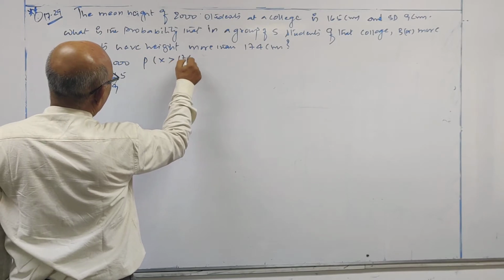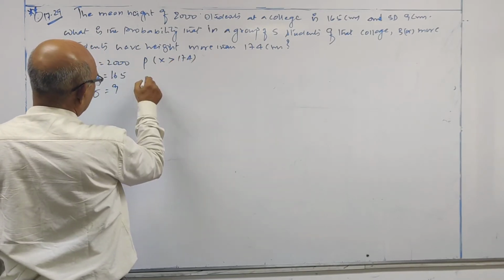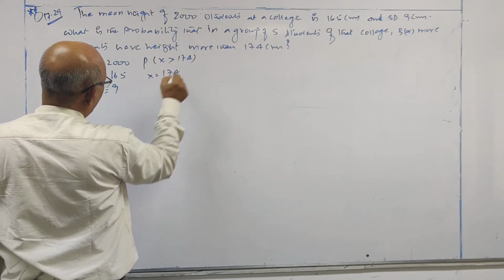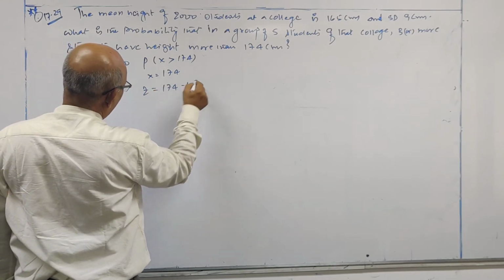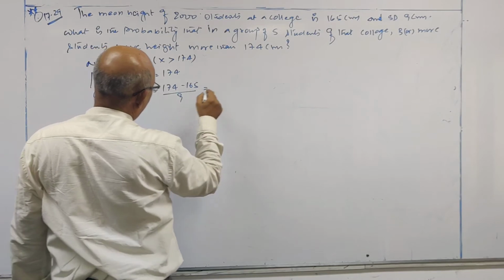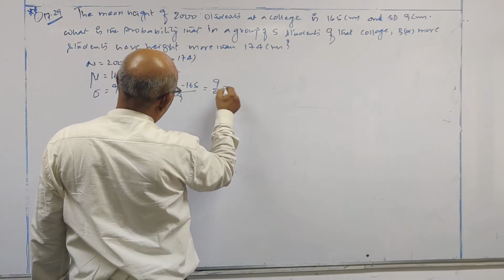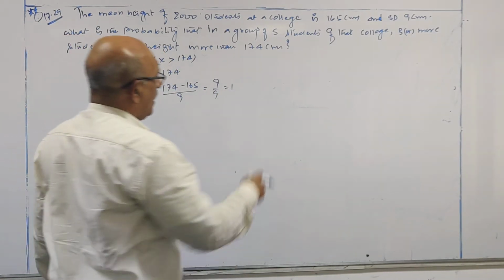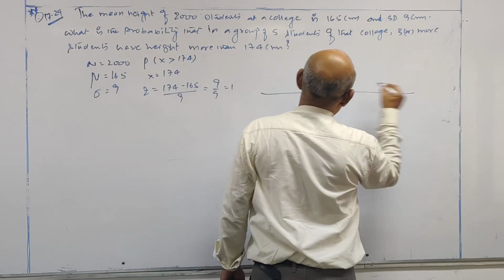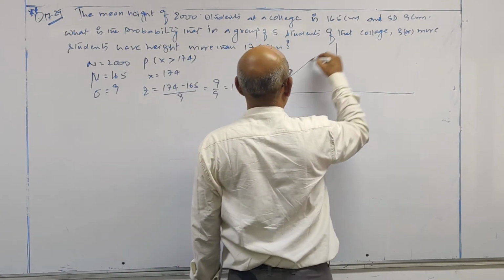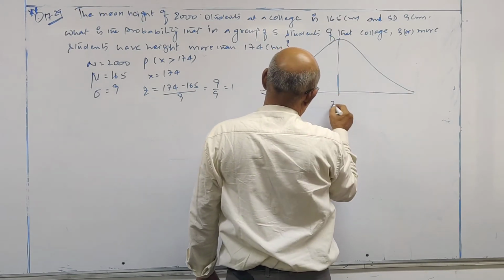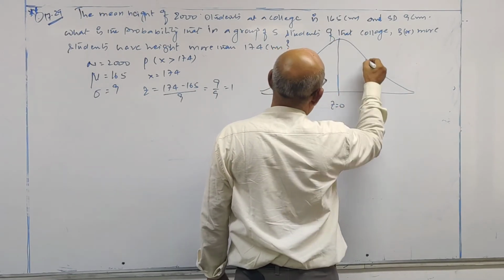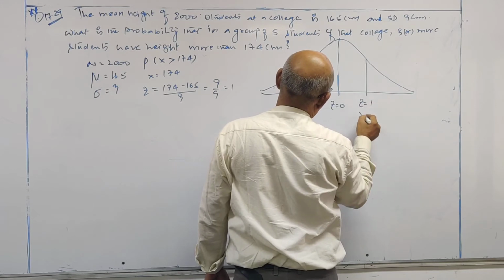Probability of x greater than 174. When x is equal to 174, z is (174 minus 165) divided by 9, so this is 9 by 9, 1. If I draw the normal curve this way, z is equal to 0, z is equal to 1.